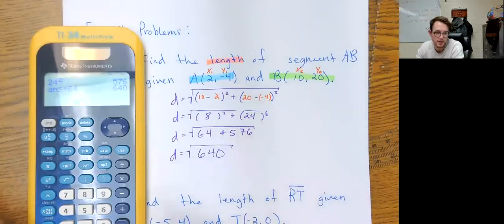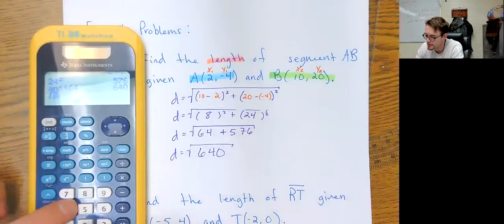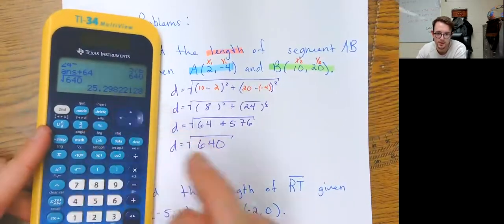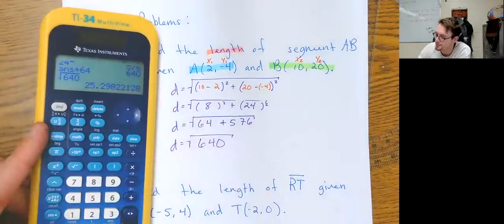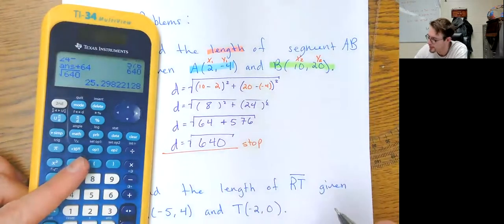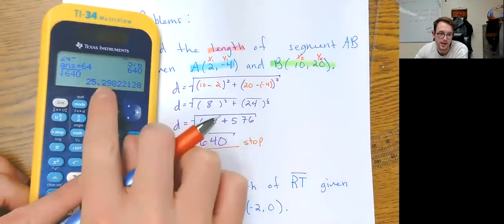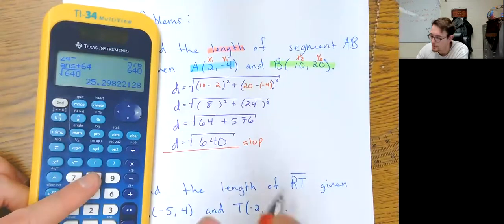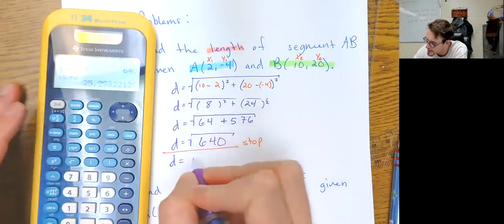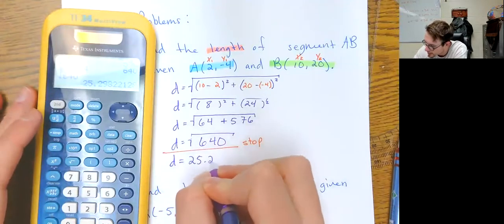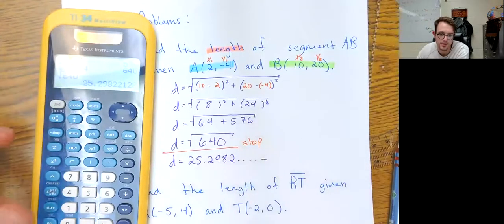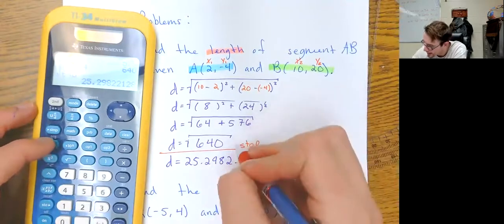Now I'm going to double check. So square root of 640, I get a decimal. I don't like a decimal. So this is where I'm going to stop. I'm not going to answer with d equals 25.298 and whatever else happens after that.